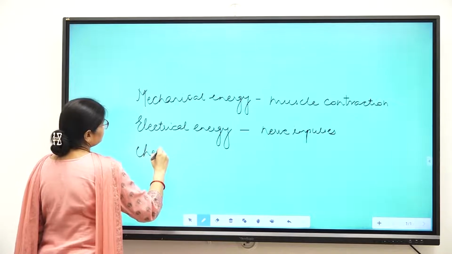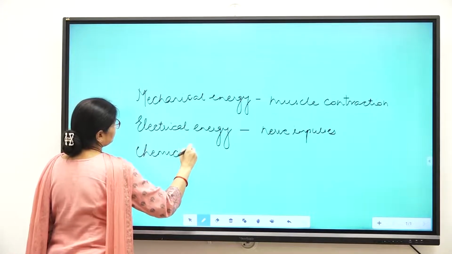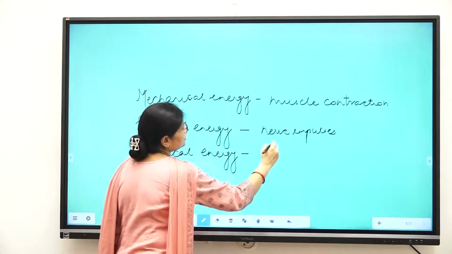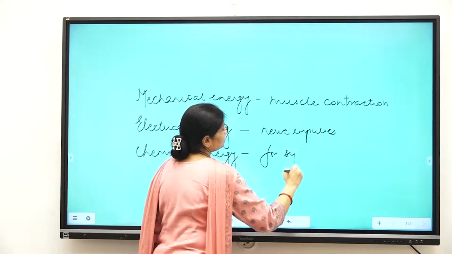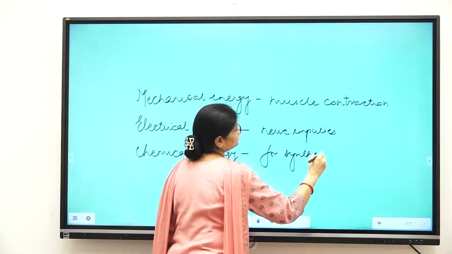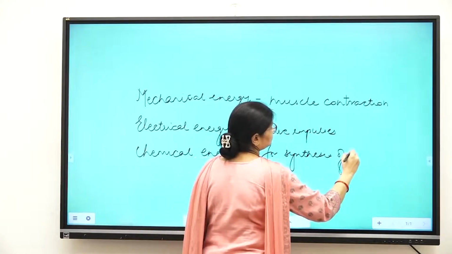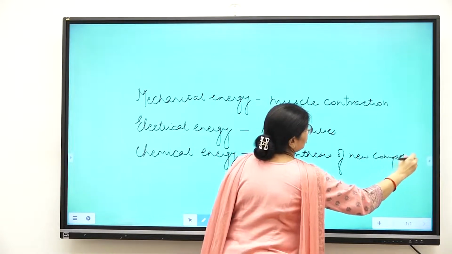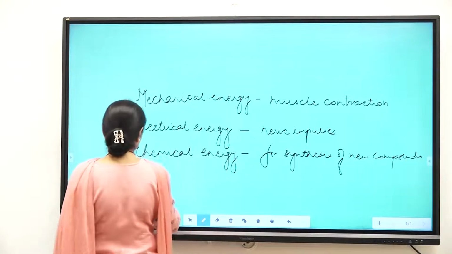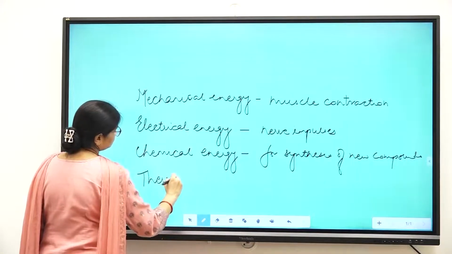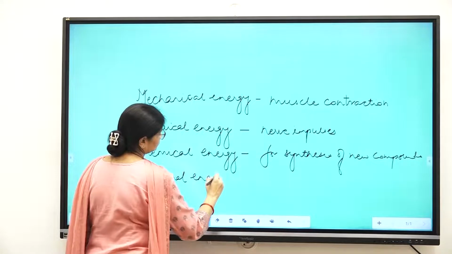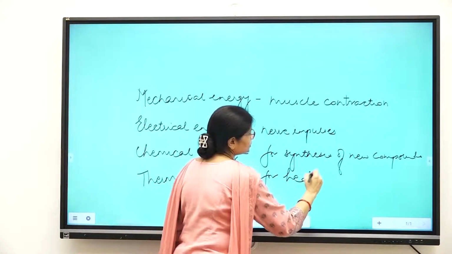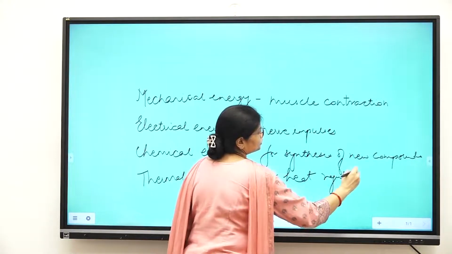Chemical energy is used for synthesis of new compounds. And thermal energy is for heat regulation.